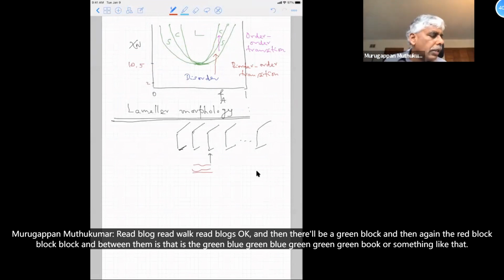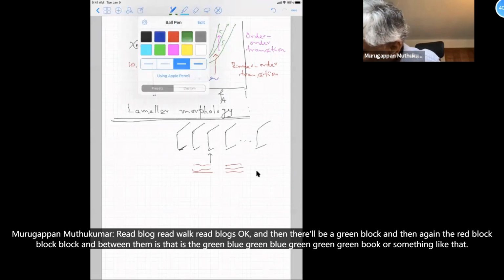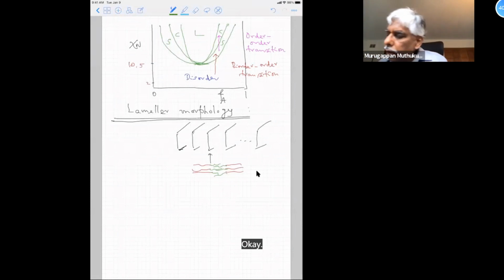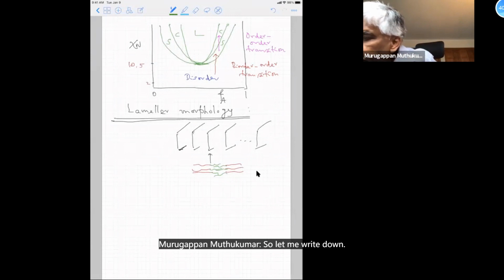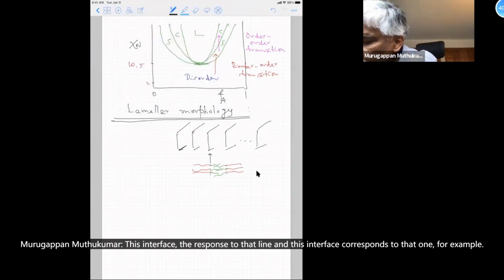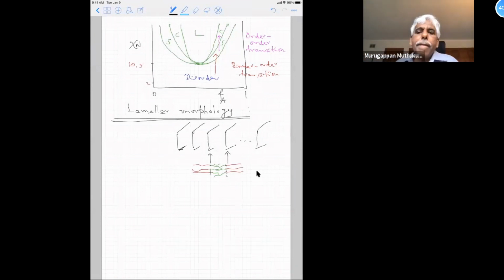And then there will be a green block, and then again red block, red block, red block. And between them there is green block, green block, green block, something like that. Let me write down: this interface corresponds to that line, and this interface corresponds to that one, for example.